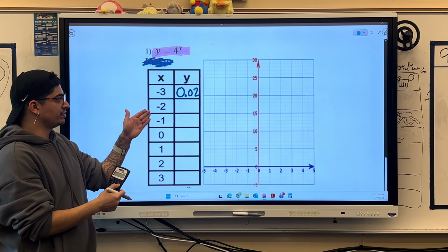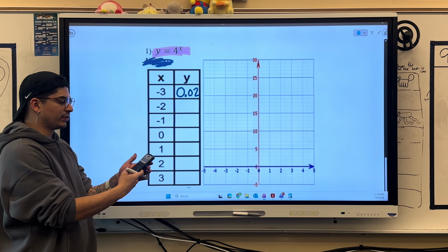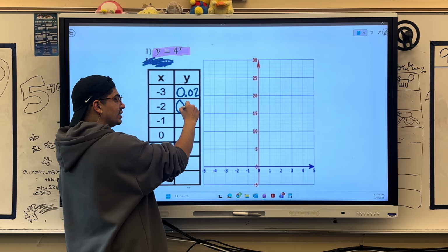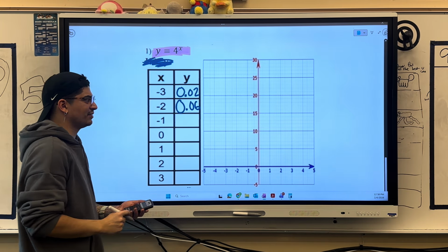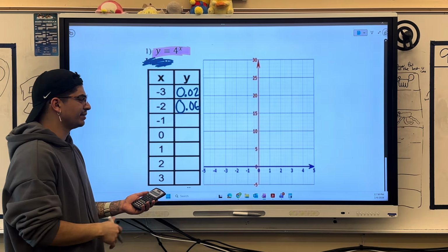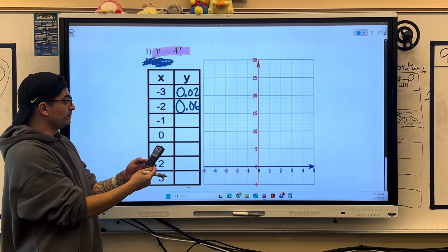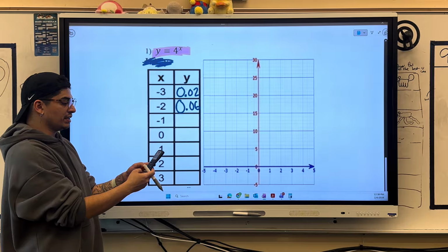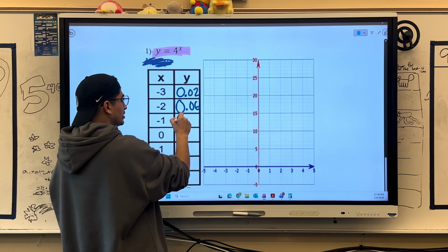We have 4 to the -2 power. So 4 to the -2 power would give me, rounding again just a little bit, 0.06. You might think to yourself, geez, that's really tiny numbers, but we'll see as I graph it what that looks like. I'm gonna keep going. 4 to the -1st power is gonna end up giving me 0.25.